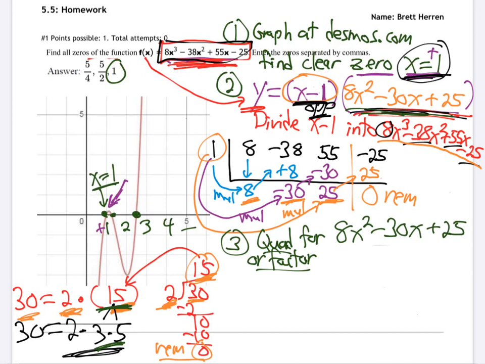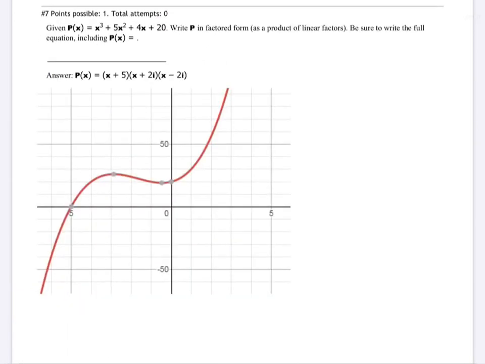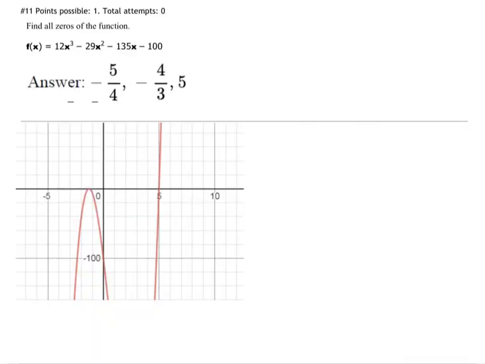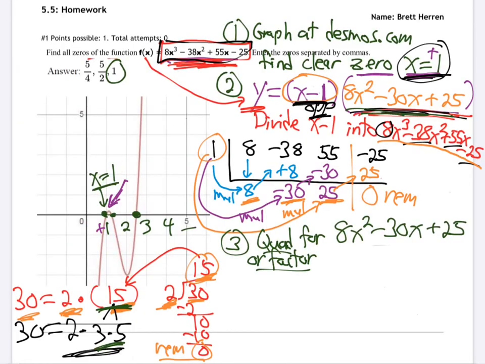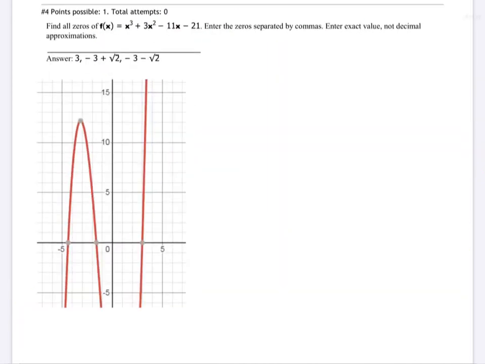8x squared minus 30x plus 25. All right. So this is number 1. 8x squared minus 30x plus 25, right? Wasn't that our number? Let me go back and double check. 8x squared minus 30x plus 25. I'm going to break it down.